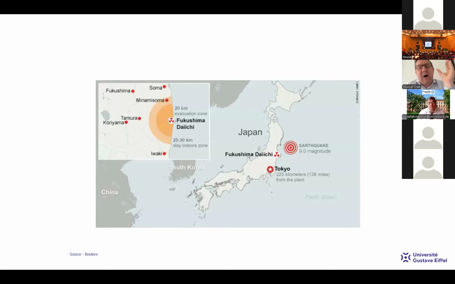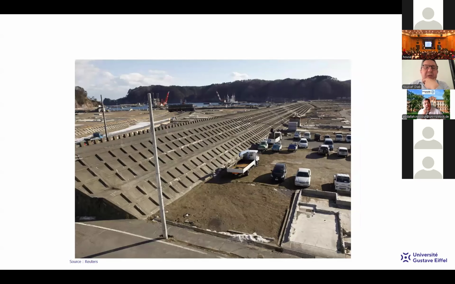So sometimes our building and construction codes do not really consider this exceptional hazard. Exceptional hazard is very important, and we know this very well in the Middle East. So our infrastructure has to be more robust and more resilient. This is what is happening at this time in Japan regarding the reconstruction.